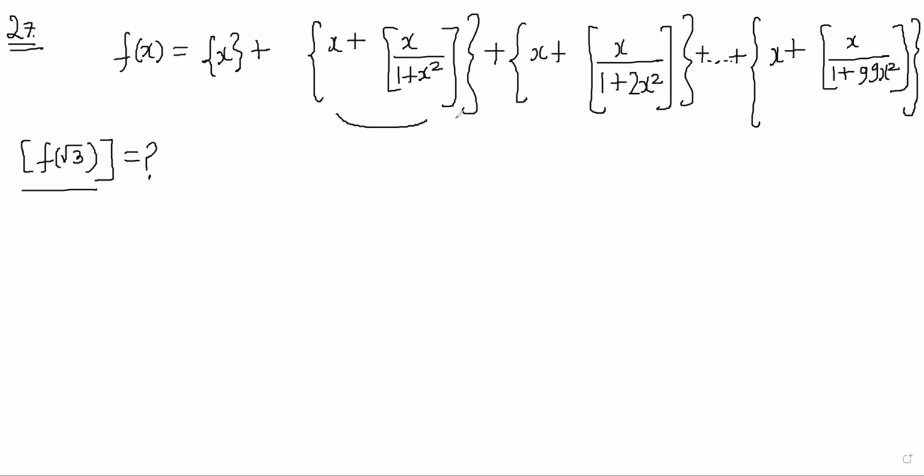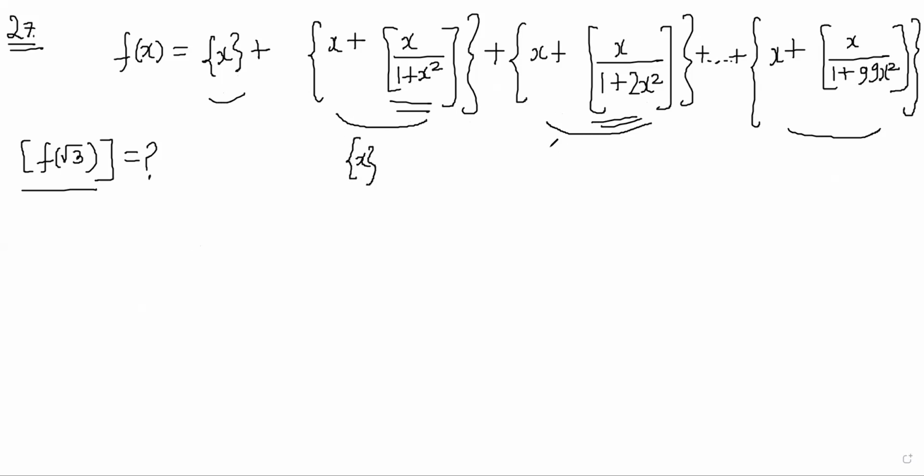Think about each of these terms. What will the value of each of these terms be? All of them come out to be the fractional part of x, because these are integers. Integer plus the fractional part of x will always be the fractional part of x only.